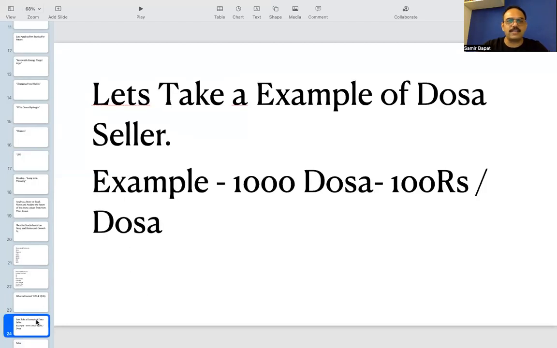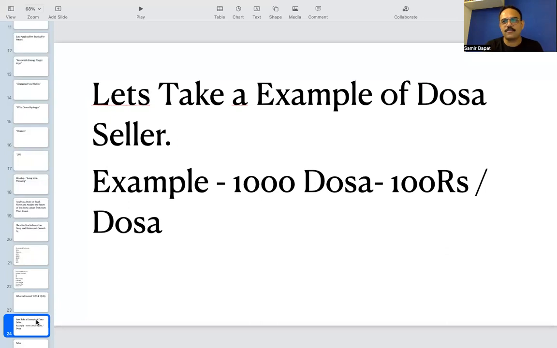Okay, so let's start. Let's take an example of a dosa seller. Everyone knows what dosa is. In South India, we make dosa. In North India, also we make dosa, most predominantly in South India. Let's say for ease of calculation, one dosa seller sells 1,000 dosas in a day and he makes only dosa, nothing else.